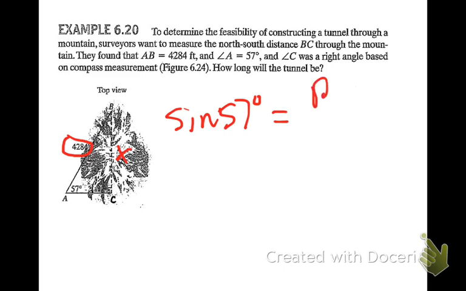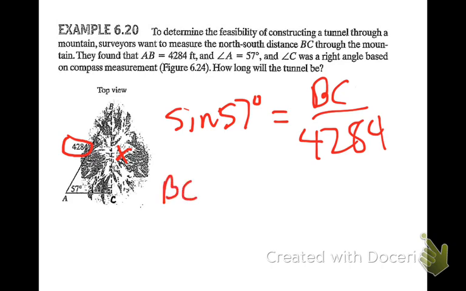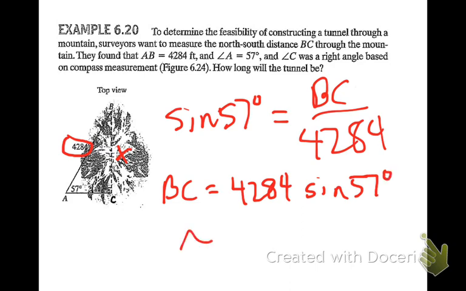Let's call it BC over 4,284. Then we have to solve for BC. To get rid of the 4,284 on the bottom, we multiply the other side by that, so we get BC equals 4,284 sine of 57.